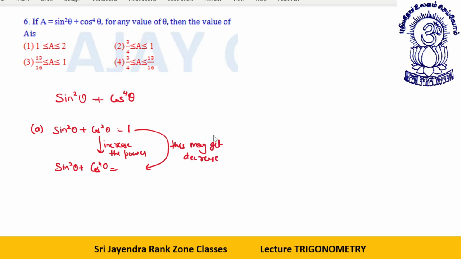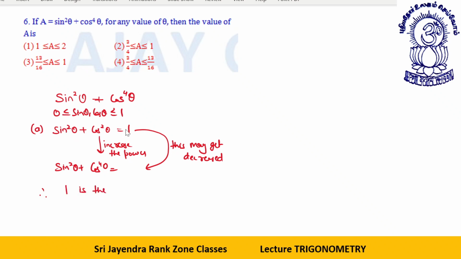This may get decreased. Why? Because sine theta and cos theta lie between 0 and 1. Both lie between 0 and 1, so this may get decreased. Therefore 1 is the maximum value of this expression.